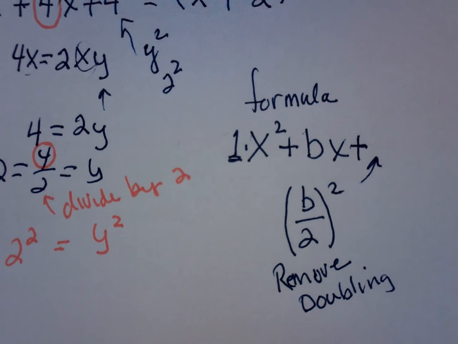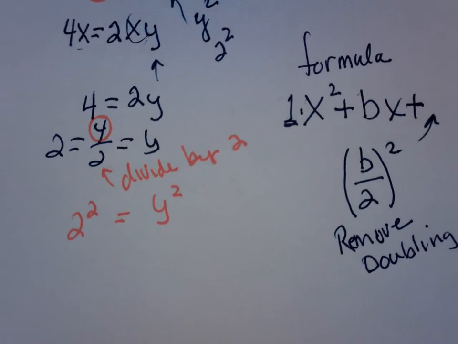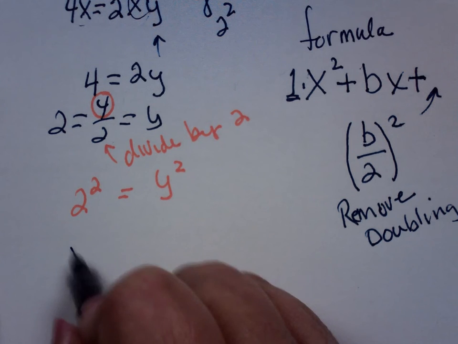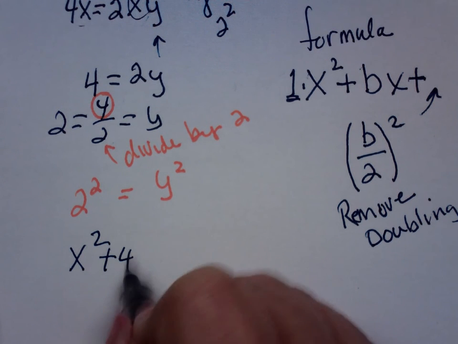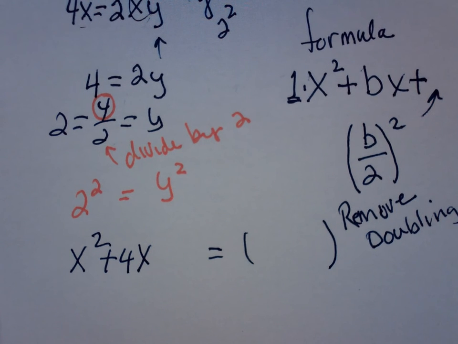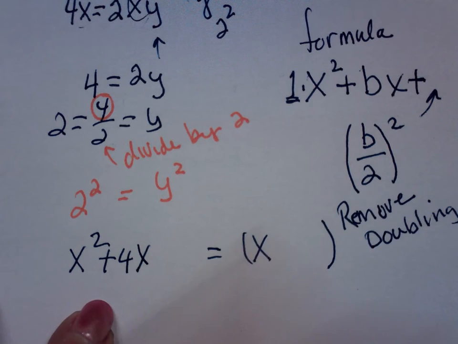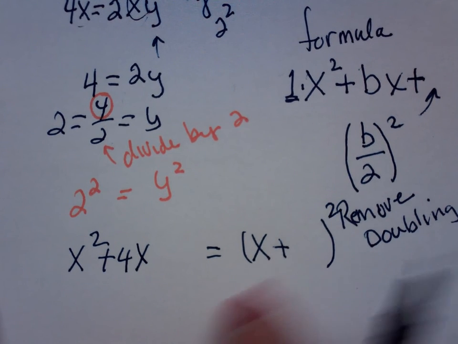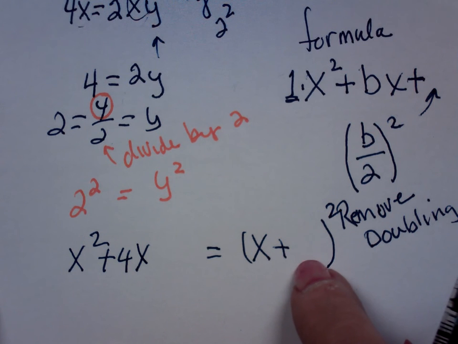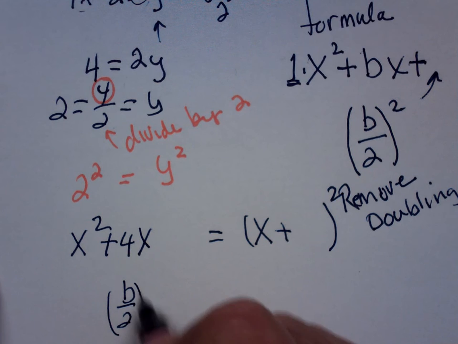So let's see how that works with something we already know. So we said, suppose we have x squared plus 4x, and I want to turn it into a perfect trinomial square. Square root of x squared is x. That's easy peasy. Center sign is plus. To find what's going to go here, I'm going to take b over 2 and square it.